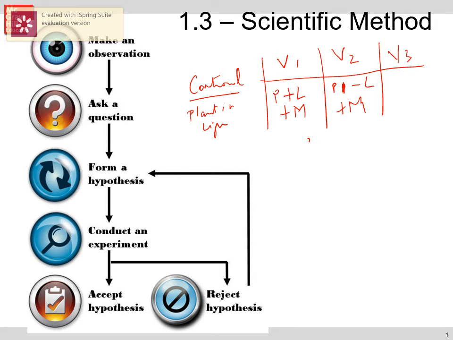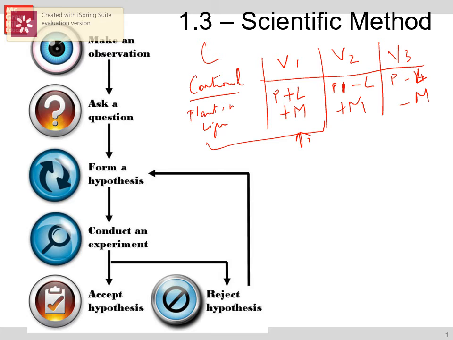Then variable 3 will be plant minus light minus music. And then finally you realize that there is no difference between your control and the plant kept in light with music.